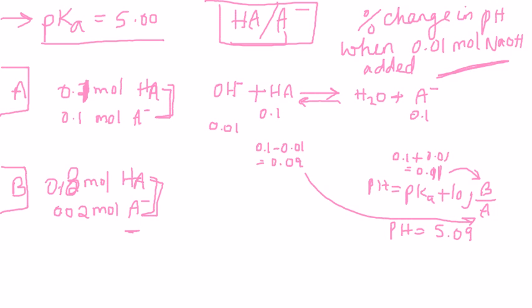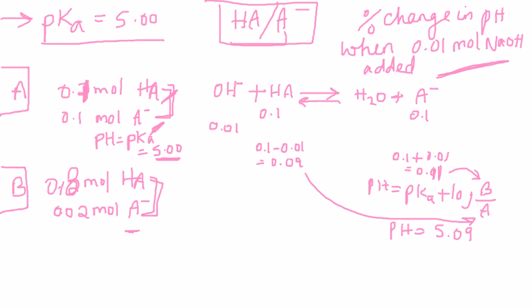Now, if you were to determine how this value is going to be different compared to your original, the initial pH. Hopefully you can see that in the case where you had equal moles of the acid and the base component, the pH and the pKa will be exactly the same. So we started with a buffer at 5, and now after the addition of the sodium hydroxide it's at 5.09.